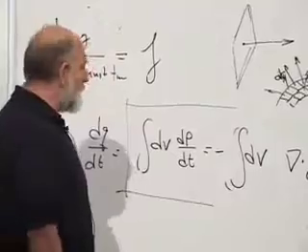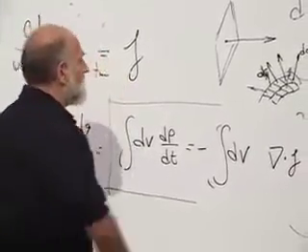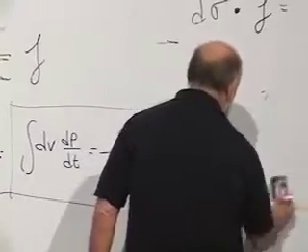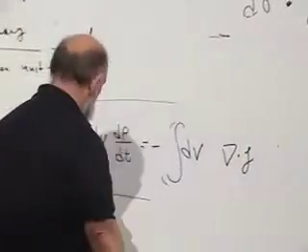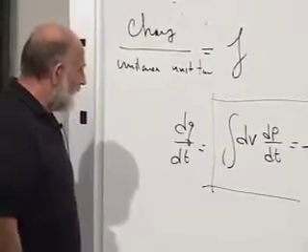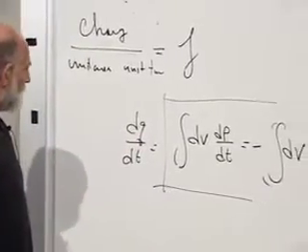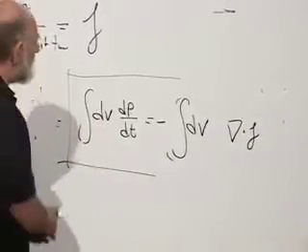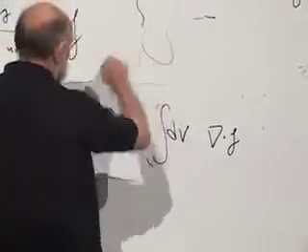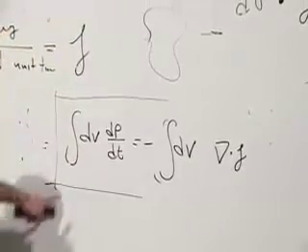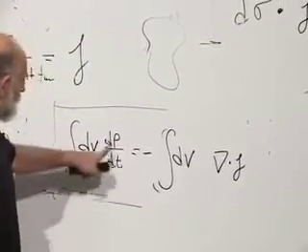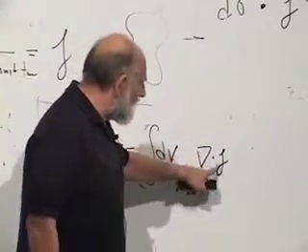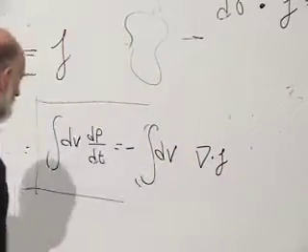It doesn't have anything particular to do with electricity. It doesn't have anything particular to do with anything special other than the mathematical properties of vectors. All right, so now we have a new theorem: take any volume whatever, the integral over any volume of the time rate of change of the density of charge is the integral over the volume of the divergence of the current.